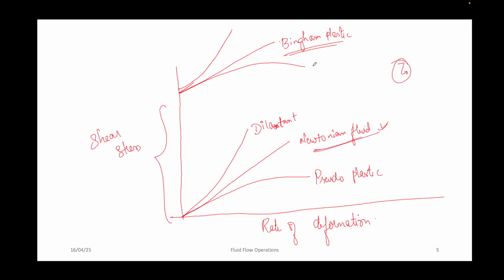Okay, and then you have thixotropic and rheopectic. Okay, so did I miss any other classification? Okay.